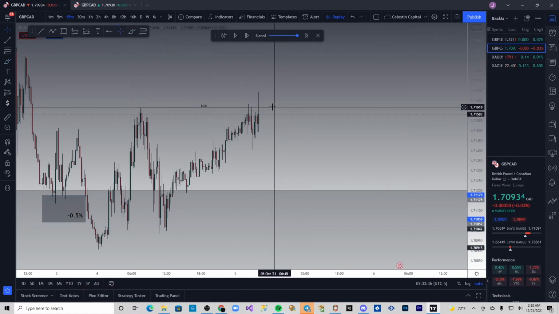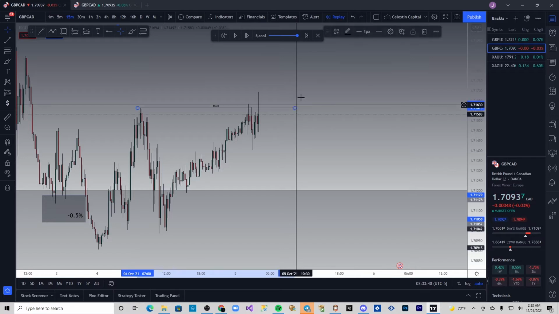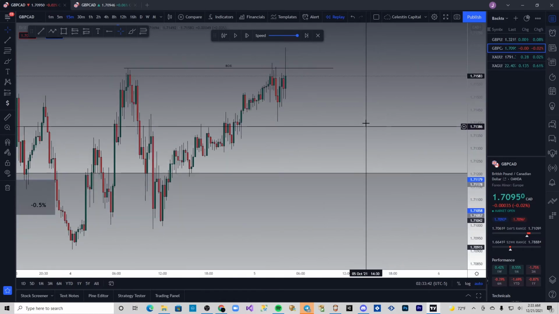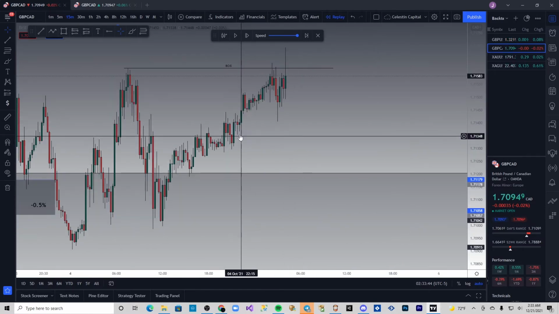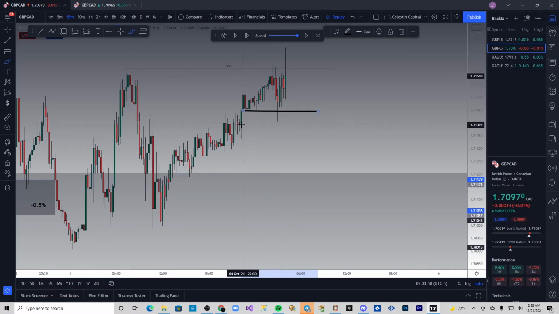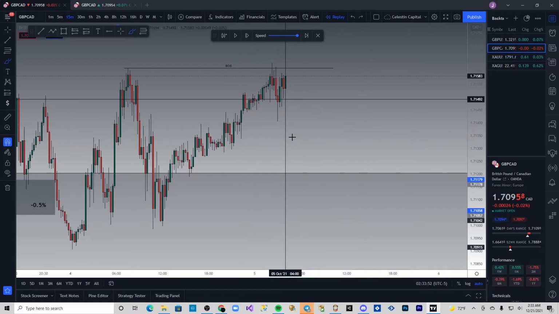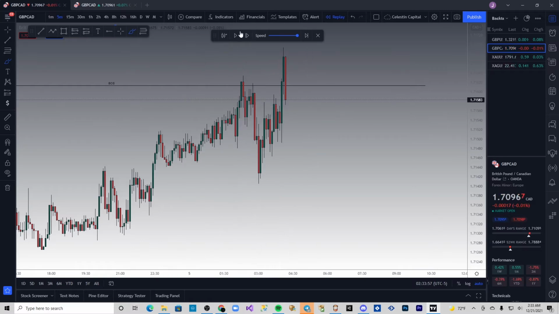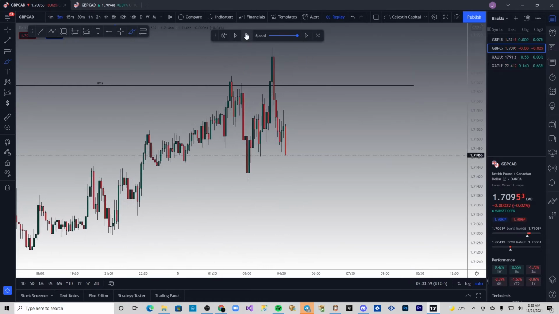Let's go ahead and now look for potential areas where we can buy from. So we've had this impulsive move down, or this liquidation and continuation up. We had the mitigation of this demand zone. Let's see if we go down. Doesn't look too clean, so I'm not going to take anything. I'm not going to force anything.